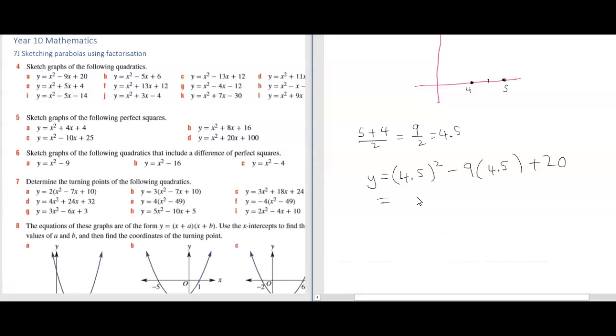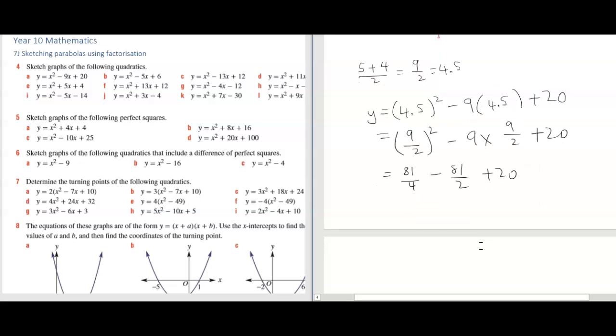Excuse me. Now, I don't know whether I'm going to be complicating things by doing it this way. So let's just see. 9 squared is 81, and 2 squared is 4. 9 times 9 is 81, over 2, plus 20.